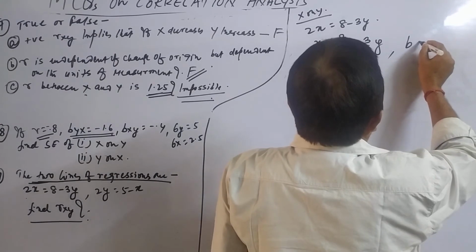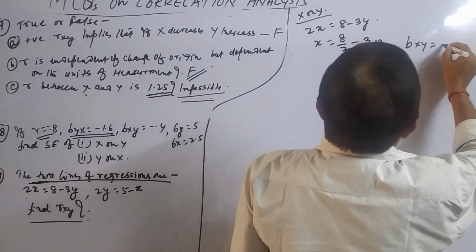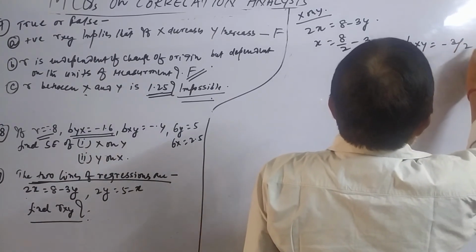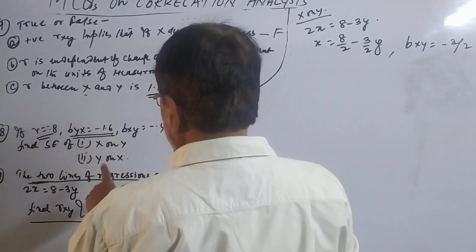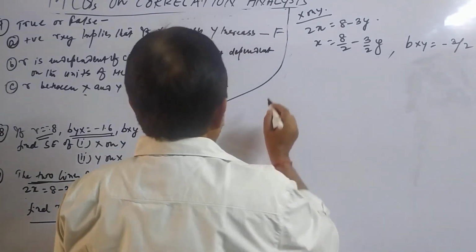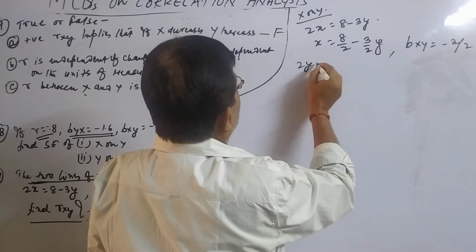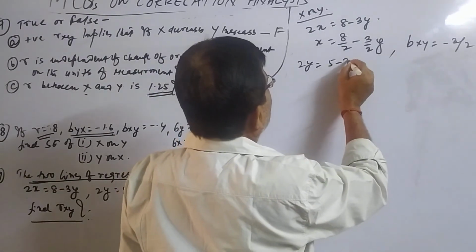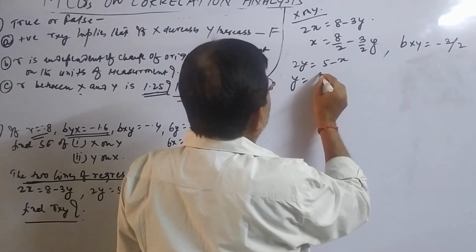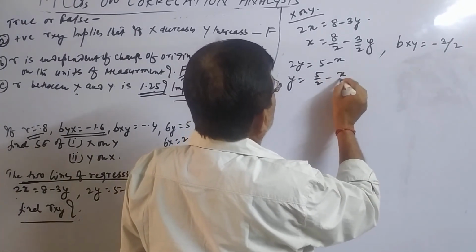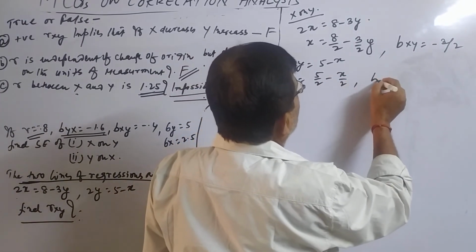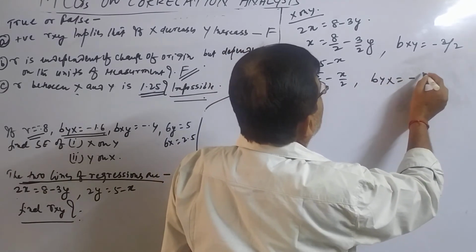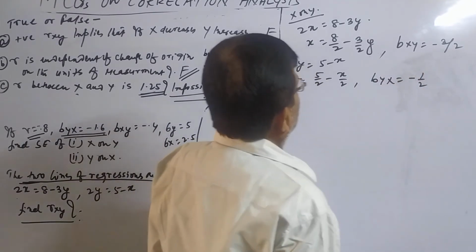Hence bxy is minus 3 by 2. Now the second regression equation is 2y is 5 minus x, hence y is 5 by 2 minus x by 2, so byx is minus half.